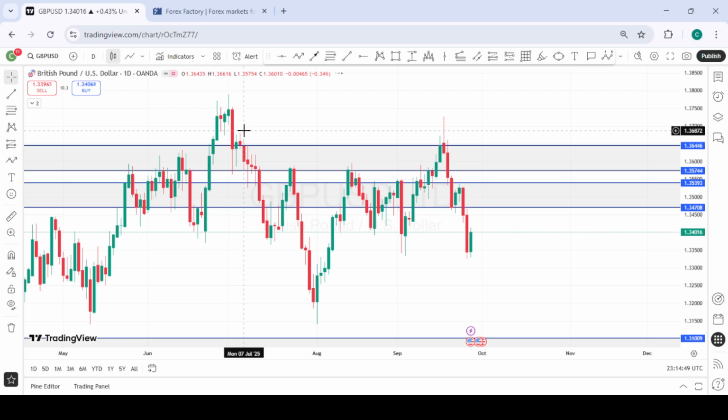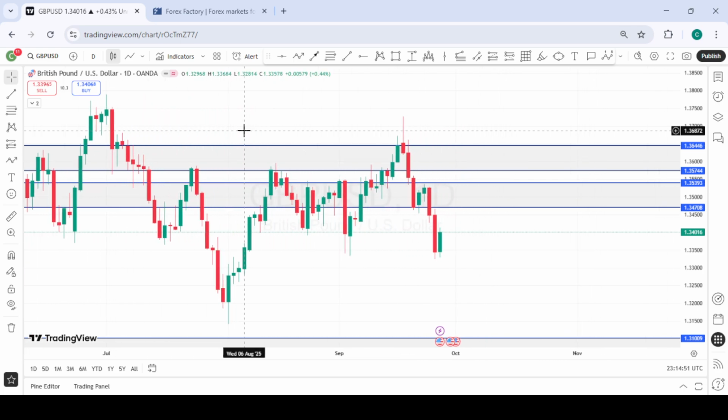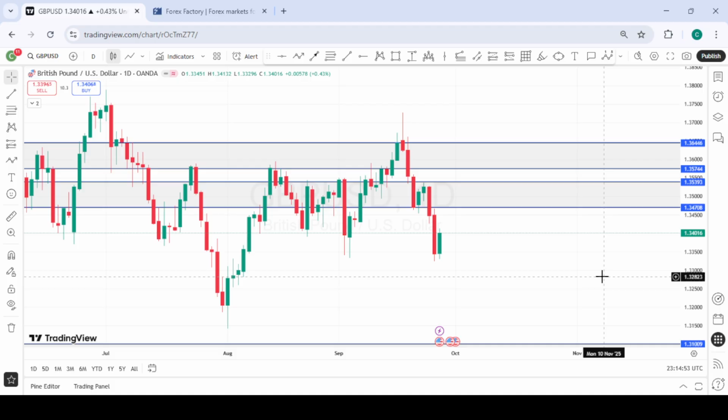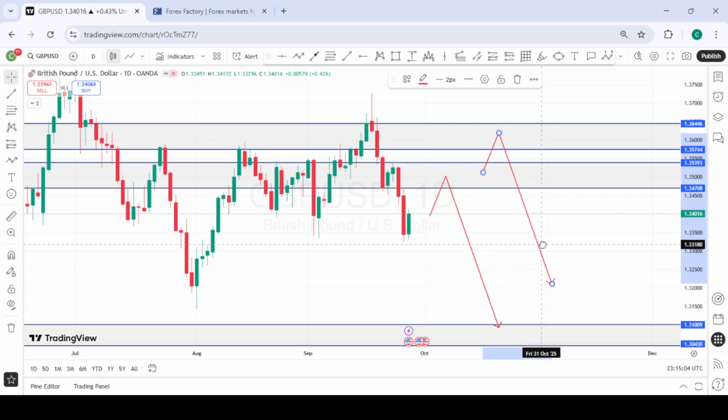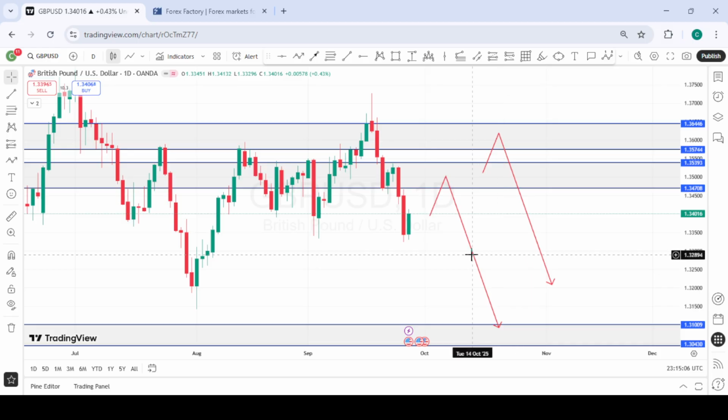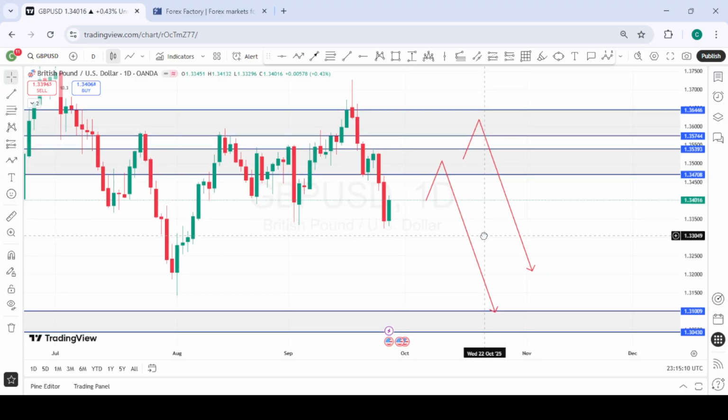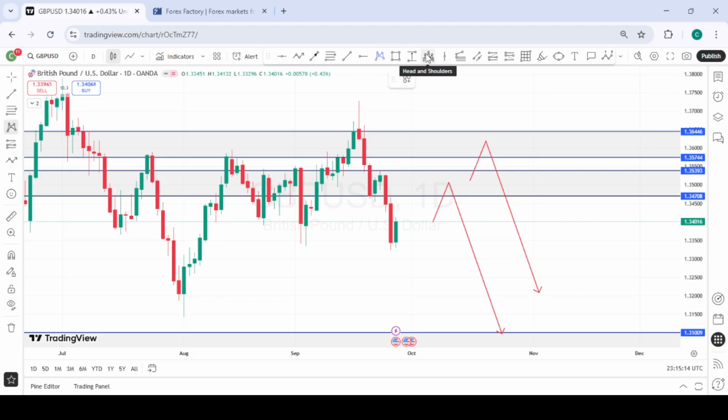So we have GBPUSD. For GBPUSD, we will be looking forward to a pullback into this first area of interest, and look for selling opportunities to the downside, or we look forward to a pullback to the second area of interest. And then if we get this formation, GBPUSD will likely form a head and shoulder formation.